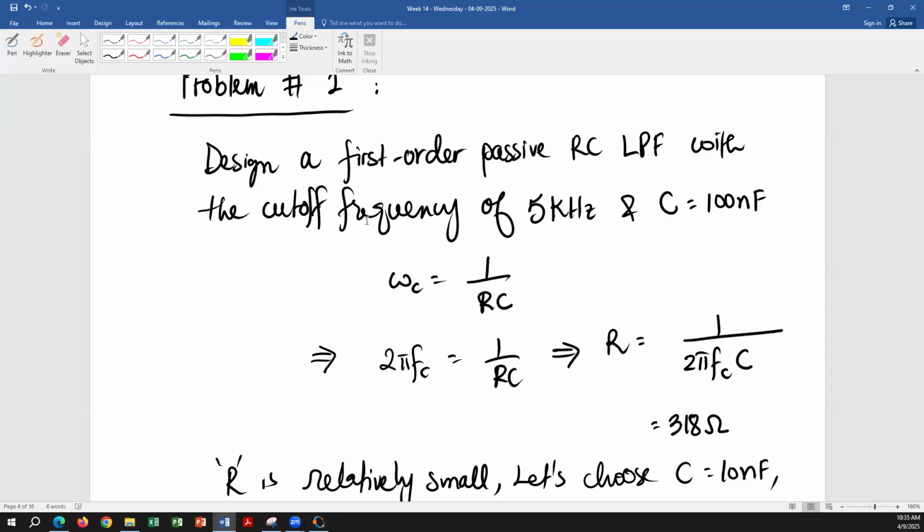Figure out what is the cutoff frequency. So what are you going to do? You're going to take the magnitude of the transfer function, and then you're going to equate that magnitude with 0.707 and figure out what is the value of omega from that transfer function. And that value of omega is going to be omega c. Yes. Are we going to go over it? Yeah, no, we're going to go. I'm just giving an example.